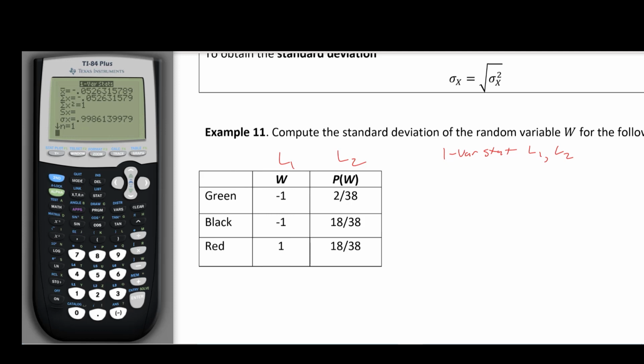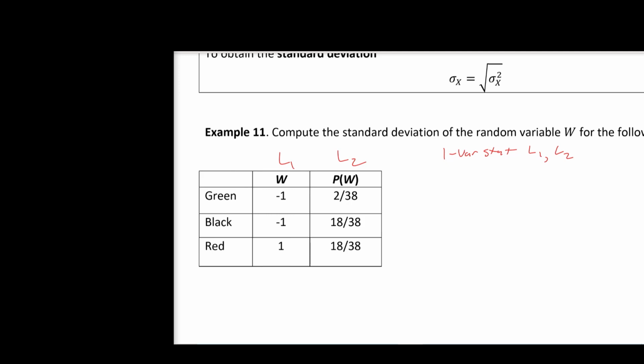Okay, so 0.99, so standard deviation is 0.999. And of course that's in dollars. So about $1 is essentially the average deviation from the mean.